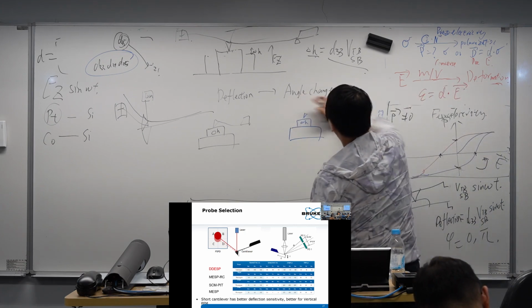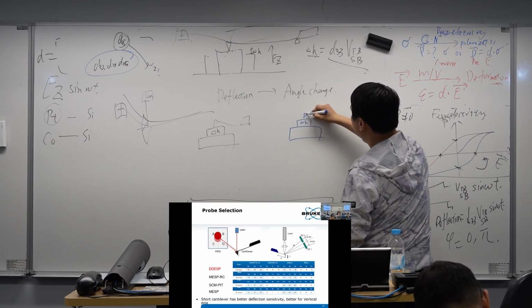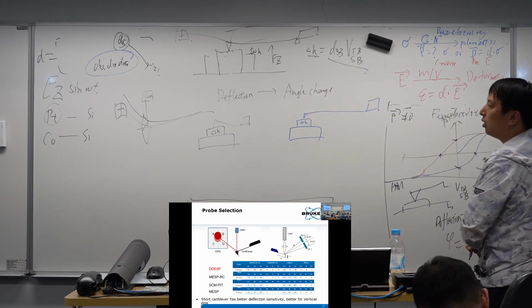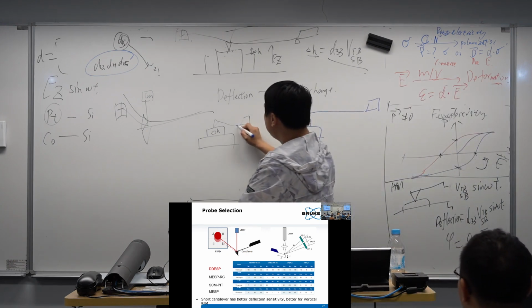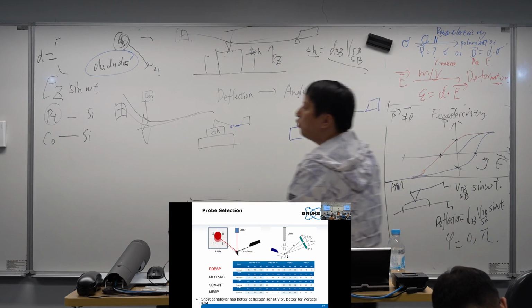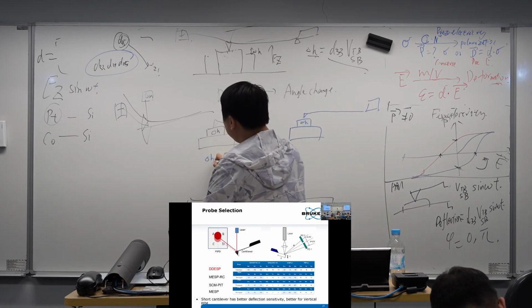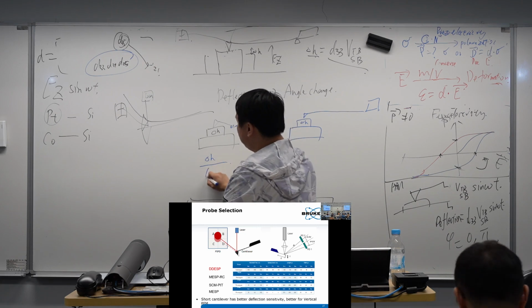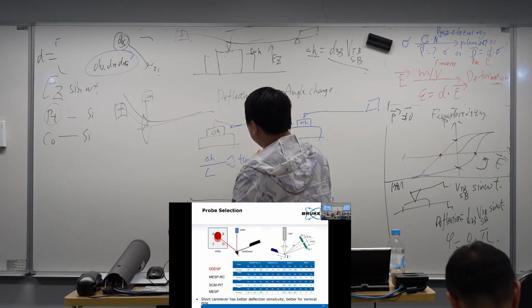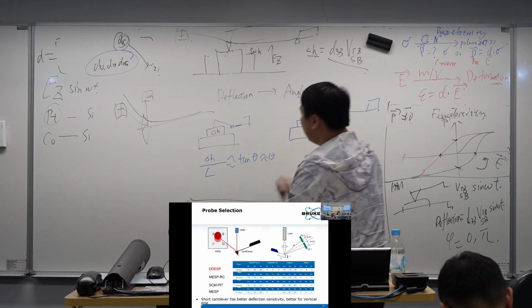The angle change should be just delta H divided by the length, which is nearly the tangent of theta, or nearly theta.